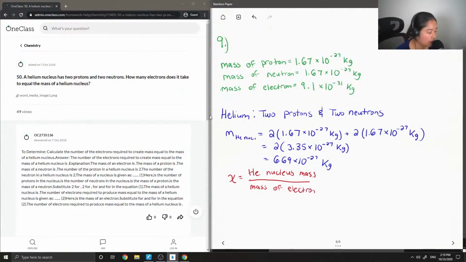Subbing these values in, I'm going to put the 6.69 times 10 to the negative 27 that we just calculated, all divided by the mass of one electron, which is 9.1 times 10 to the negative 31 kilograms. And when we calculate this, we end up with a value of 7.4 times 10 to the 3 electrons.